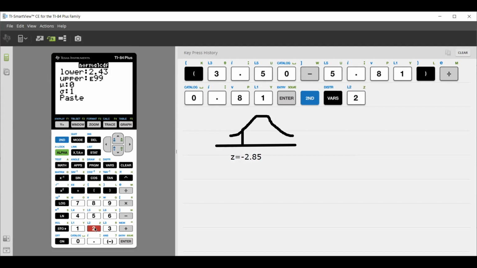If I'm looking for this area right here, where's my lower going to be? It's not going to be that. This came from a previous problem, so you can ignore that. What is my lower in this problem?